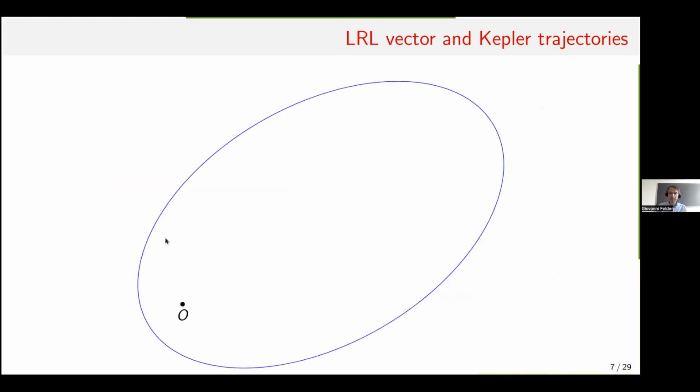And geometrically, you can see those quantities in these Kepler trajectories, the conics. For negative energy, you have ellipses, and one focus is at the origin, in the center of attraction. The semi-axes are given by the energy. So if we fix the energy, all the major semi-axes are always the same.